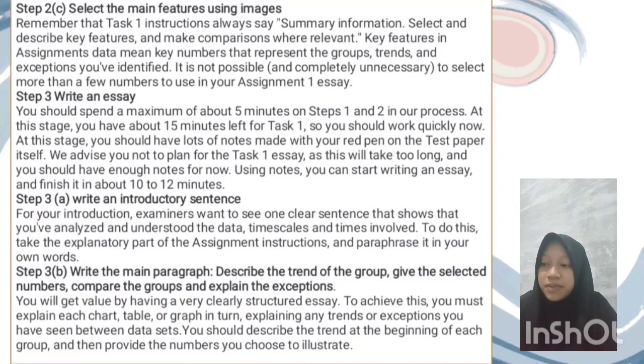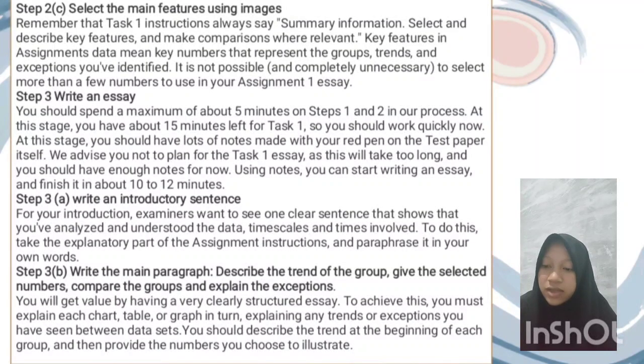Step 3b. Write the main paragraph. Describe the trend of the group, give the selected number, compare the group, and explain the exception. You will get value by having a very clearly structured essay.